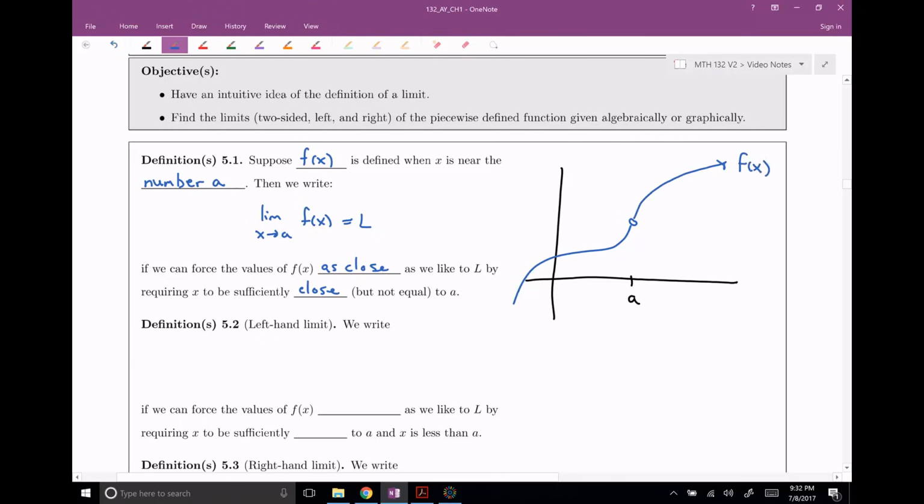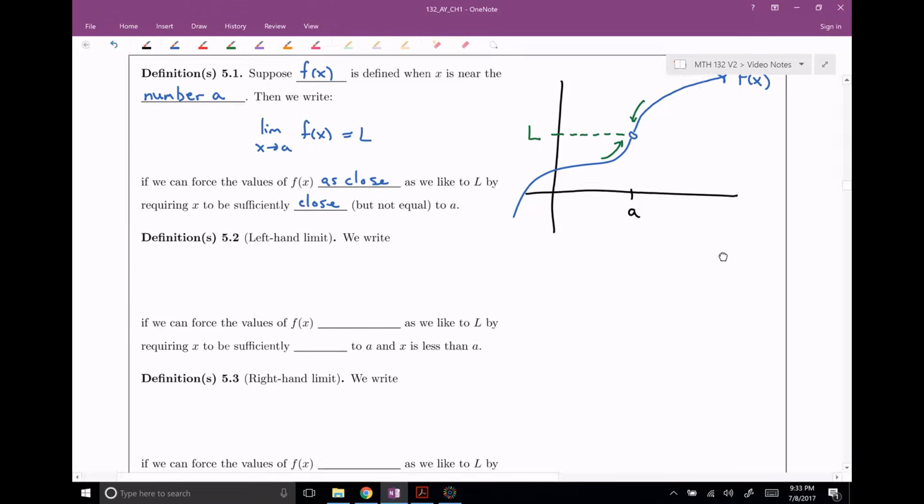Here's our function f of x, and the claim is if we approach A, not equal to A, but we approach it, and notice we can approach from the left or from the right, from the smaller values or from the bigger values, that they get closer and closer to this height, this y value of L. So this L is always a y value, something that the function gets very, very close to when you're nearby A.